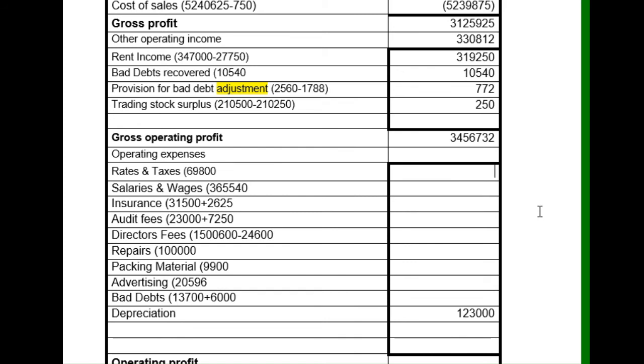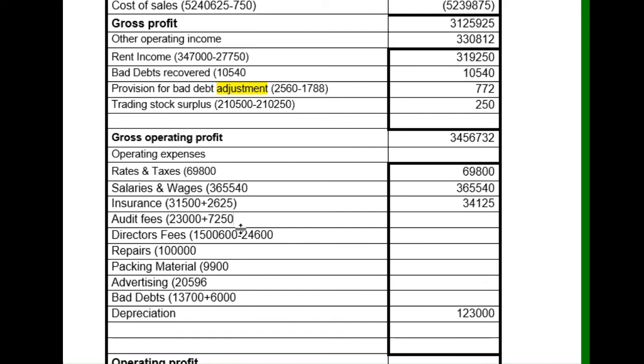So I'll simply, the ones that I did not do anything to, the 698,000 and the 365,540, and insurance, I've got to add those two, and that should give me insurance 34,125.